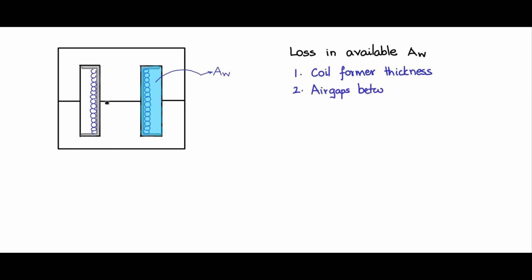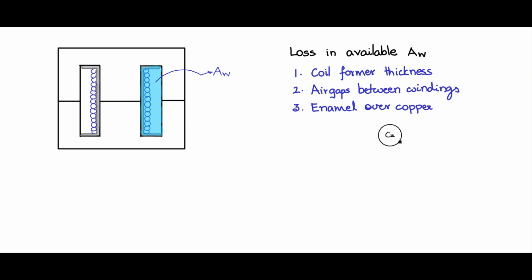So that is going to take away some window area. Thirdly, the wire has enamel covering on top of the copper, so that there is insulation between the windings, so that there is no short across the windings. So this is enamel over copper.